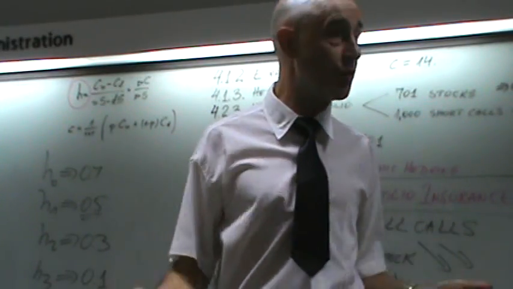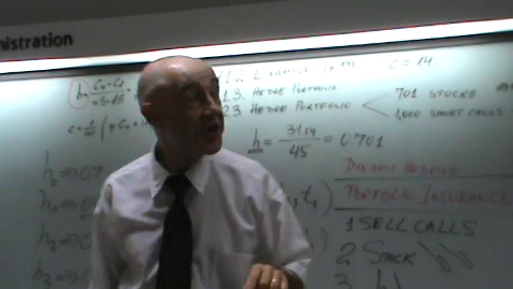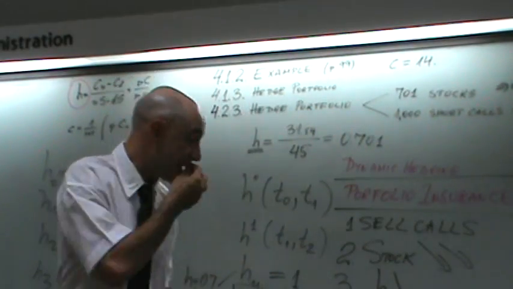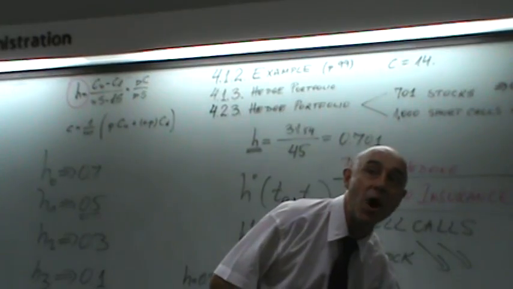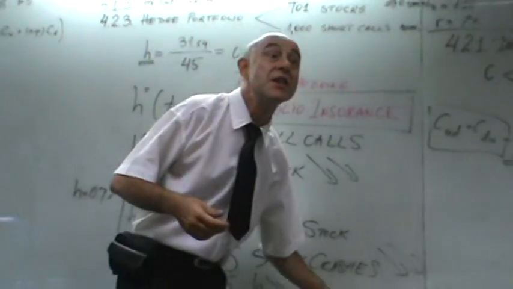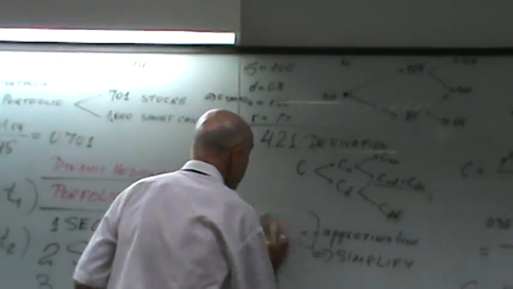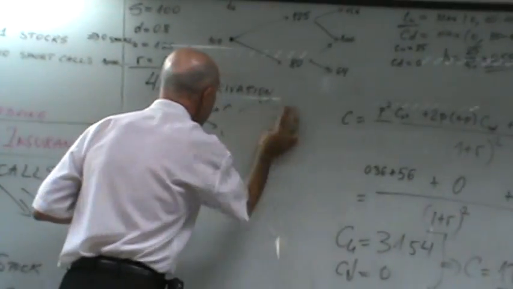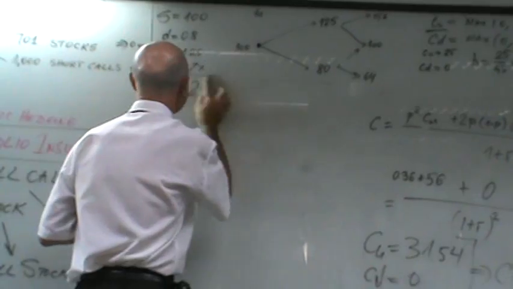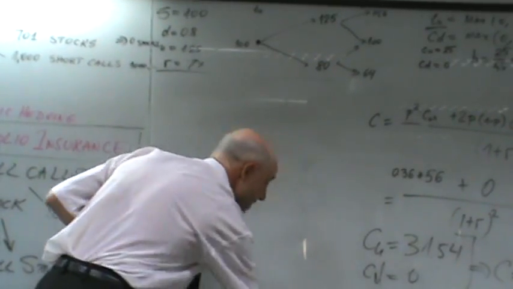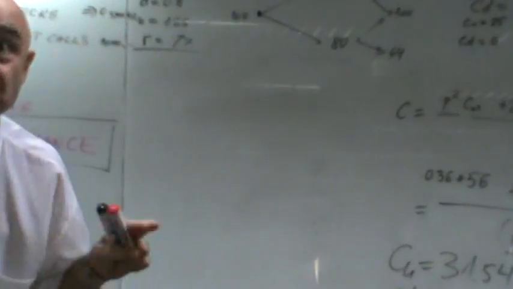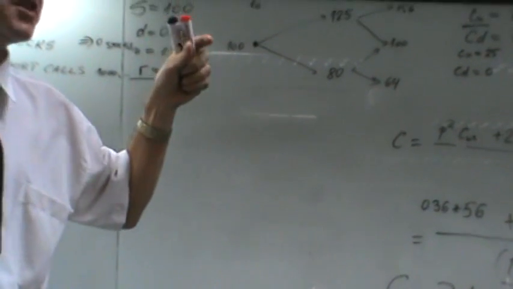Now, here's the last piece of some real good modern day finance, which is not in the textbook, but any good practitioner will know and understand. And you have to understand too. It's one of the foundations of what's called modern finance.